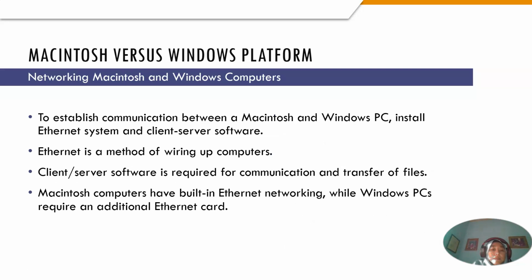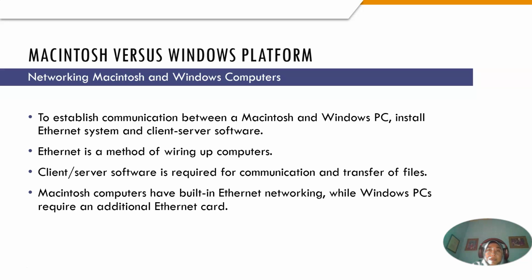To establish communication between Mac and Windows platforms, you need to install an Ethernet system and client-server software. Ethernet is a method of wiring up computers. Client-server is actually the basic concept of networking. You need to have a client and a server, sender and receiver. That is the concept of networking. You need to have the software for communication and transfer of files.